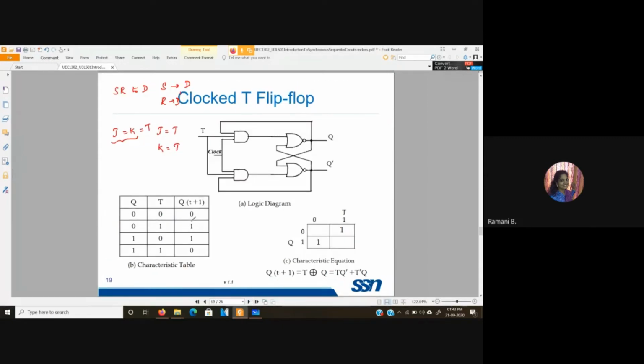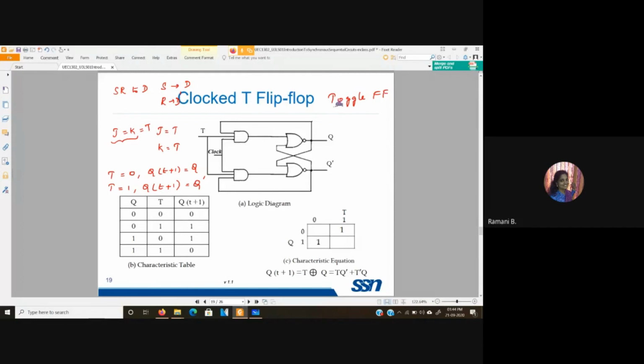So that is what is given here. For T equal to 0, Q of T plus 1 is equal to Q, and for T equal to 1, Q of T plus 1 is equal to Q bar. So we also call this T flip-flop the toggle flip-flop.